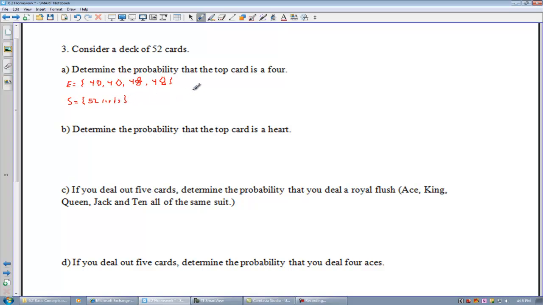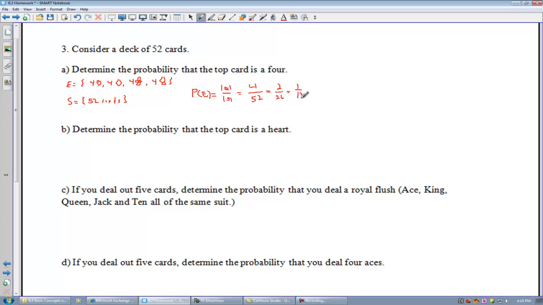If I want to find the probability of E, what is this going to equal? It's going to equal the number of things in E divided by the number of things in S. So you have 4 things in E divided by 52 things. The 2's cancel because they're even, and then the 2's cancel again.